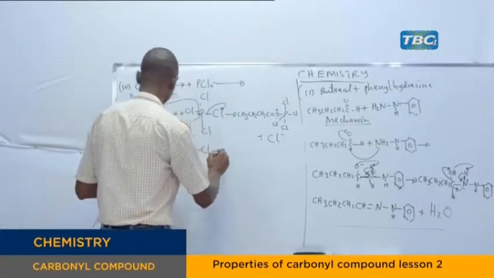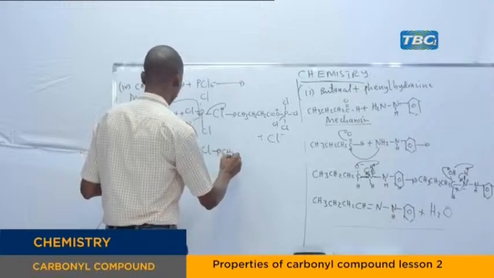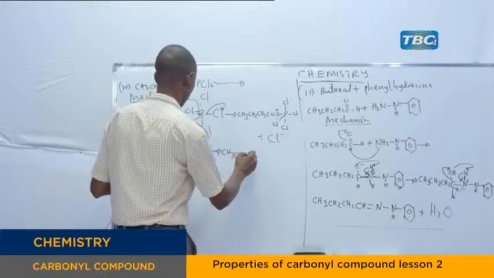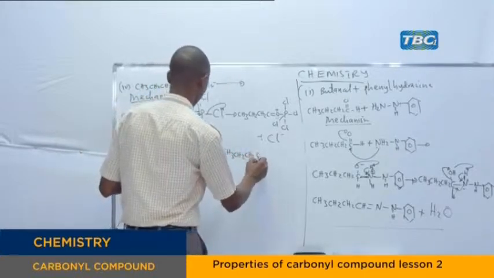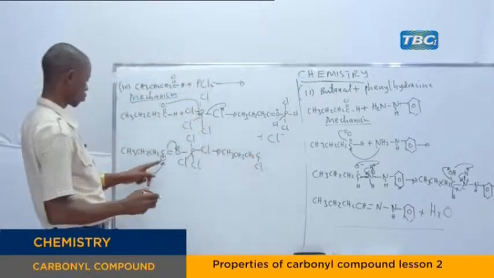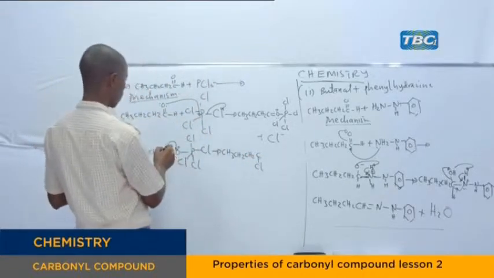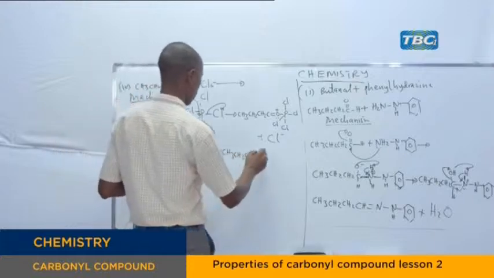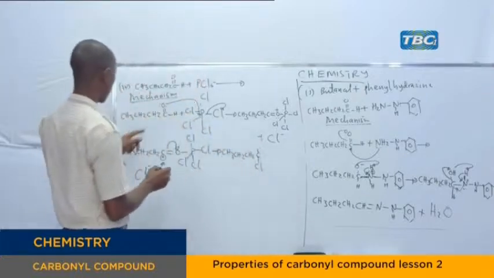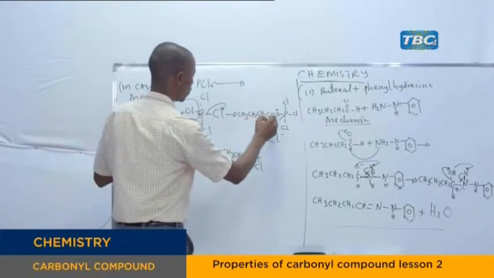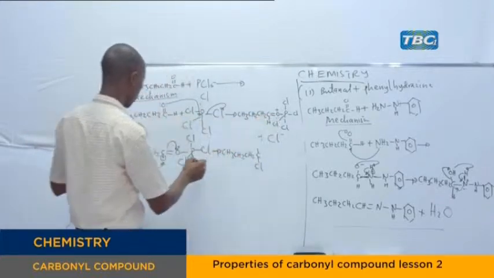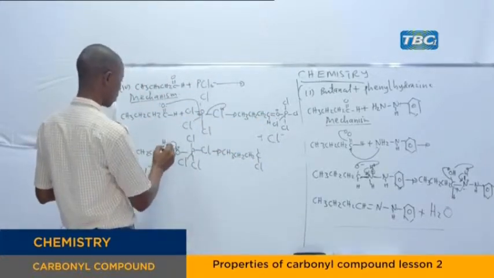So we are going to have the following. This chloride will be taken there. And remember, this carbon had the hydrogen atom, so we put it there in that way.